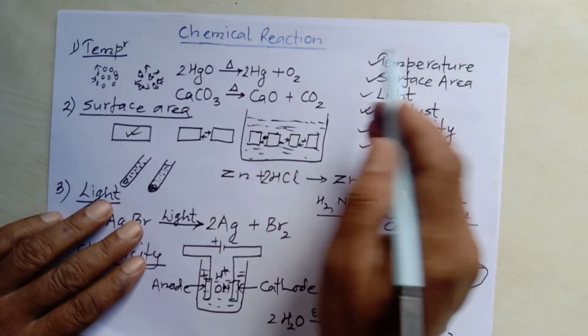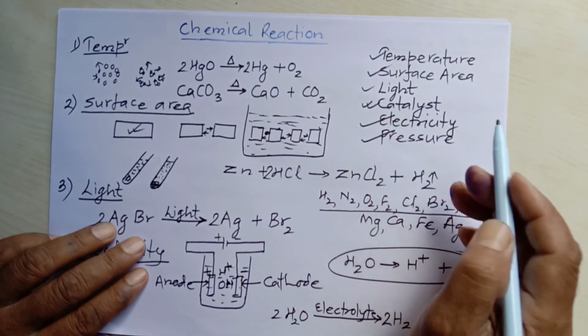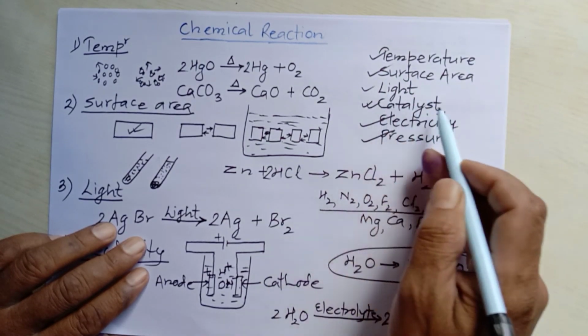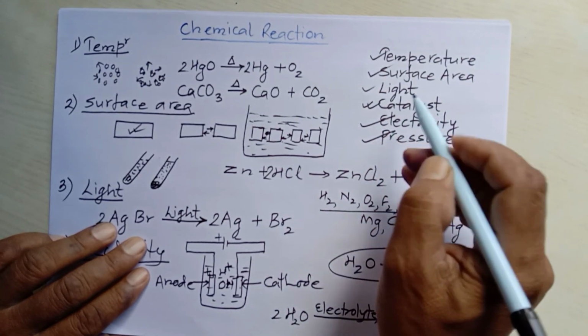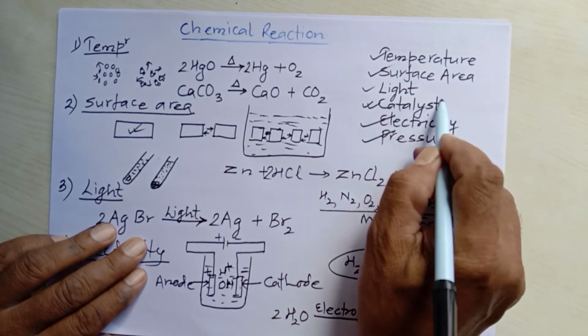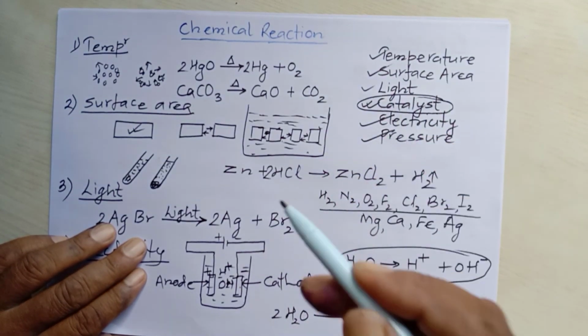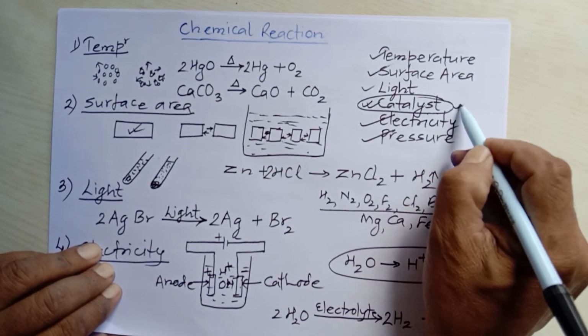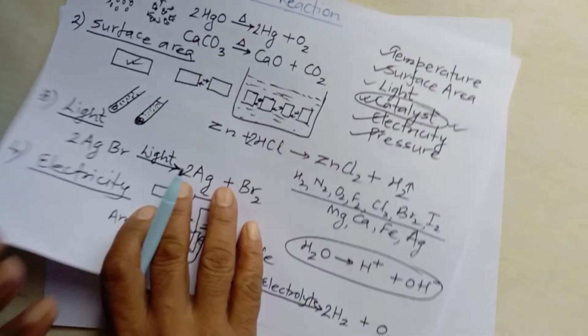Thus, today's focus was the factors which affect the rate of chemical reaction. They are temperature, surface area, light, catalyst, electricity, and pressure. I told you about the first, second, third, and this fourth and fifth, but this one I told you in the previous class. Okay, this much for today.